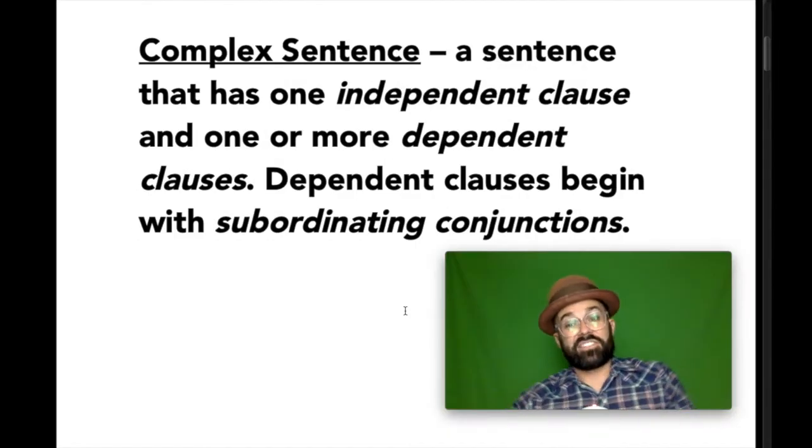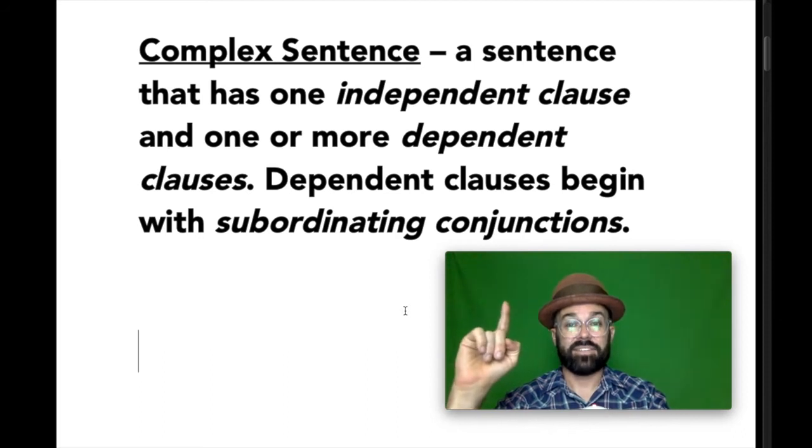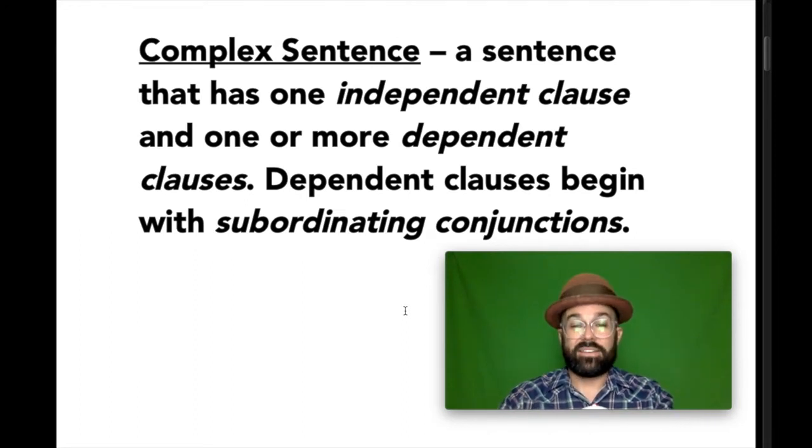As always, let's start with a definition. So a complex sentence is a sentence that has one independent clause and one or more dependent clauses. And so, once again, if you don't know what dependent and independent clauses are, you might want to take a look at the clauses video. Dependent clauses begin with subordinating conjunctions, and we're going to take a look at those in just a bit.